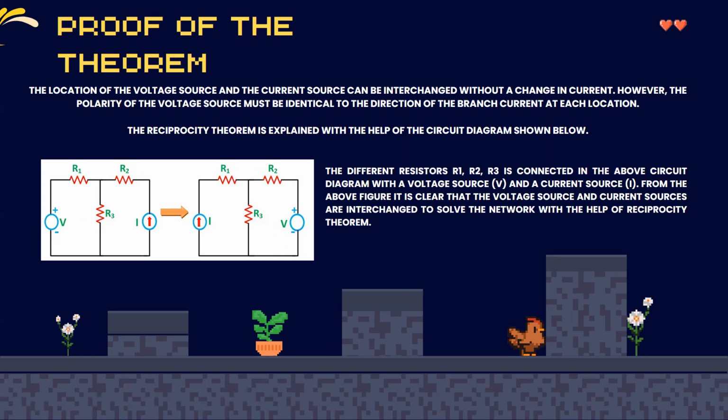The different resistors R1, R2, and R3 are connected in the circuit diagram with a voltage source V and a current source I. From the figure, it is clear that the voltage source and current source are interchanged to solve the network with the help of the reciprocity theorem.